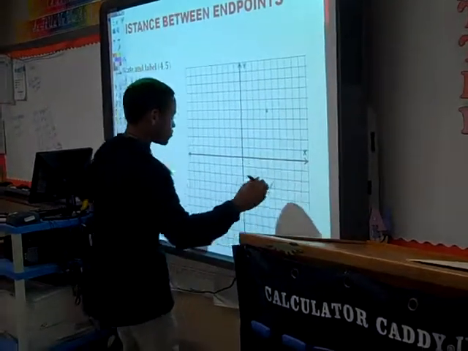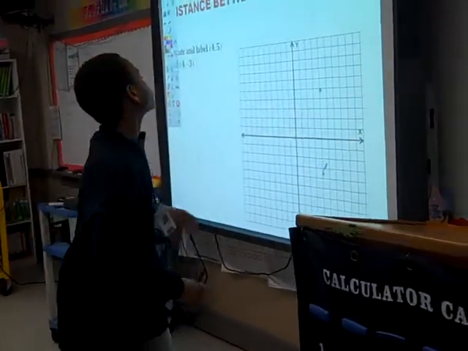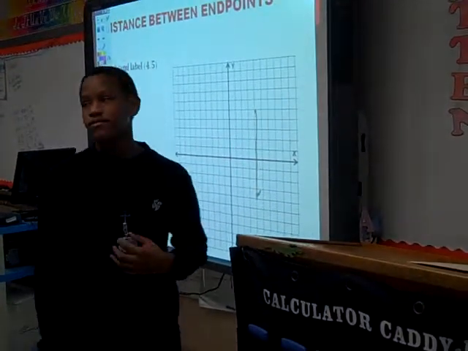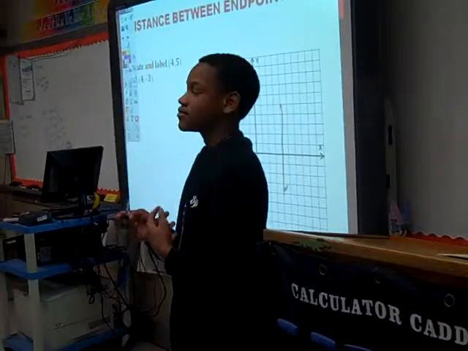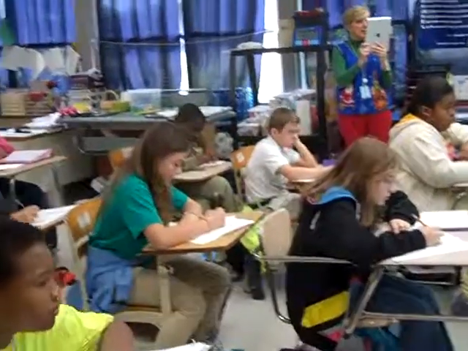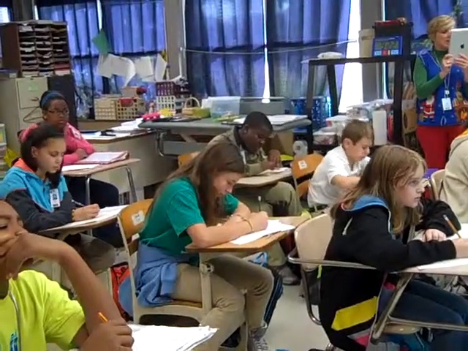Okay. I need everybody to do that too. Then I want you to connect the dots. Pull your line straight like mine. How many units are there from 4, 5 to 4, negative 3?